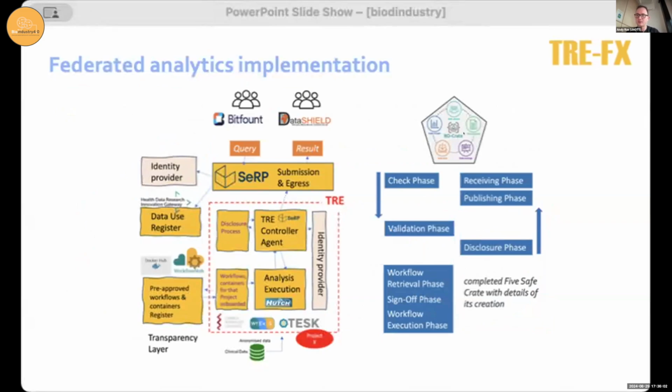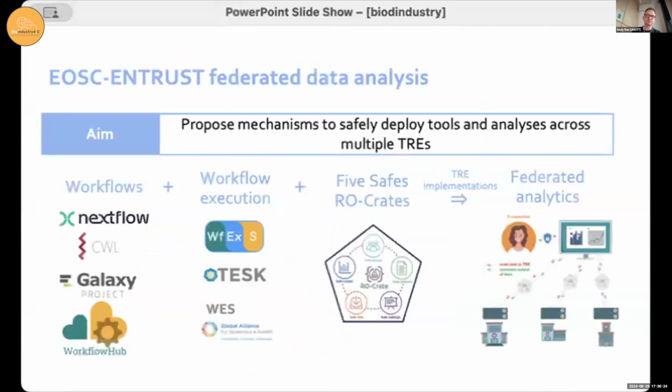So we see it going through the check, validation, workflow sign-off, workflow execution, as well as finally disclosure and publishing. Throughout this journey, the RO-Crate is continually updated and designed to support those 5 safes, acknowledging where this data came from and how and when.